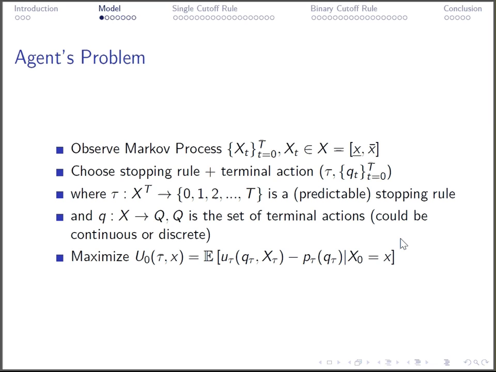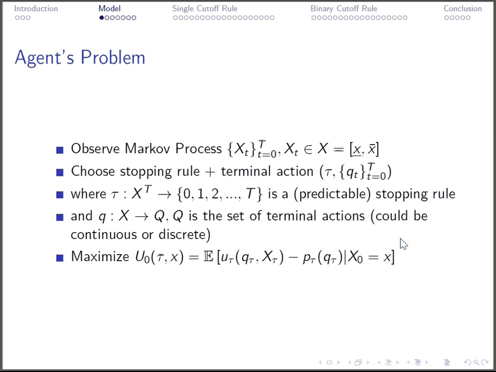So now I will briefly talk about the formal model. So the agent's problem here is she observes a Markov process. At each time it takes value in some compact set, say a closed interval from x lower bar to x top bar, and then the agent chooses a stopping rule plus a terminal action called tau and q combined, where tau is a stopping rule.